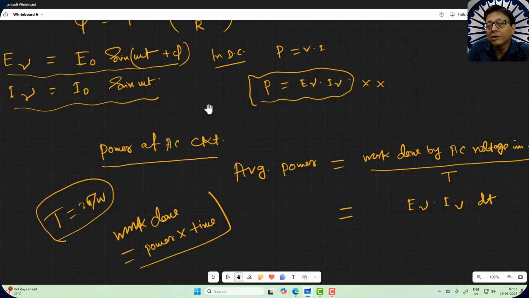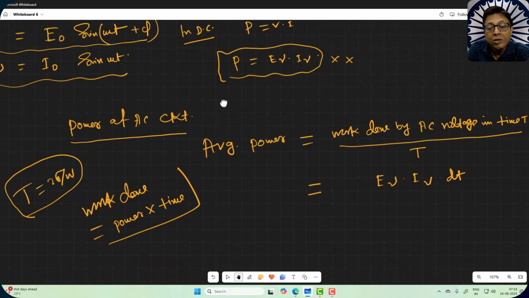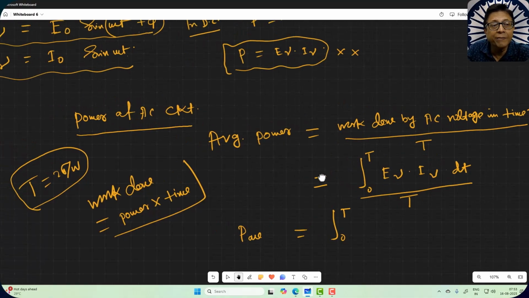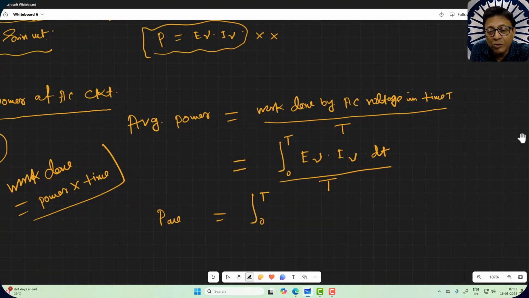For the time interval dt, because dt is very small, they will remain the same. So we find the work done in a small time interval dt. Then we integrate over the complete time interval T and then divide the result by T. Hope you have understood that. So P average will be the integration of e i. What we have taken as the value of e? That is E0 sin omega t plus phi.